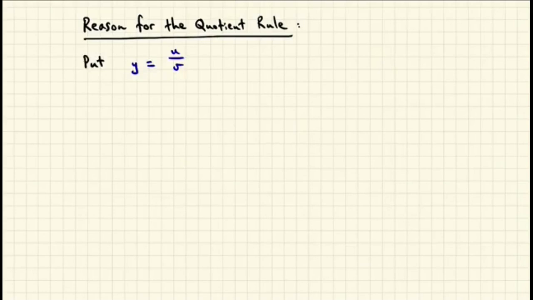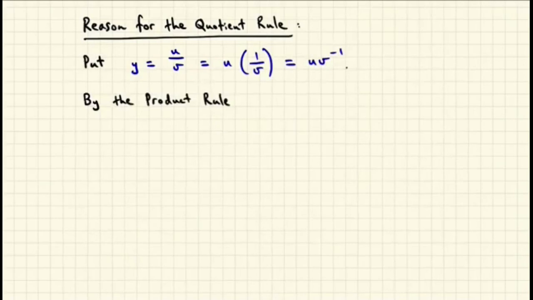Put y equal to u over v, which we can write as a product u times 1 over v, which we can further rewrite as u times v to the minus 1. Because this expression is a product, naturally we can apply the product rule.